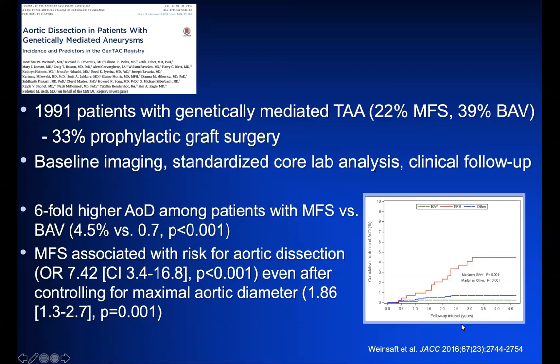And we looked at baseline imaging as well as standardized core lab analysis prior to clinical follow-up for dissection risk. What we demonstrated is that risk for dissection was 6-fold higher among patients with Marfan syndrome versus bicuspid aortic valve, 4.5% versus 0.7%, and that Marfan syndrome was associated with risk for dissection even after controlling for maximal aortic size.